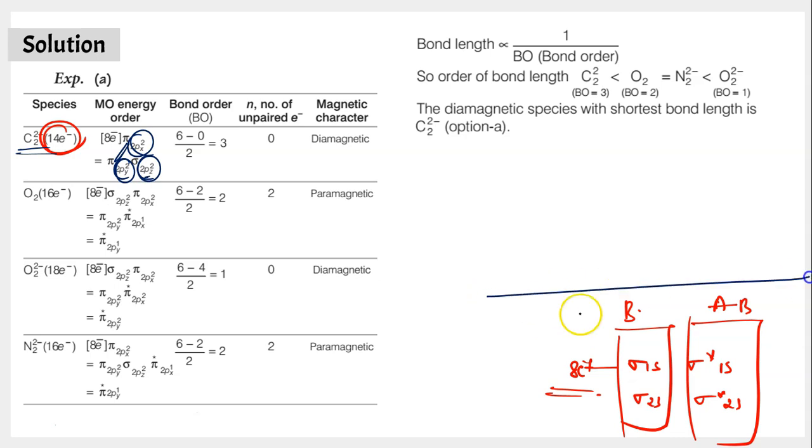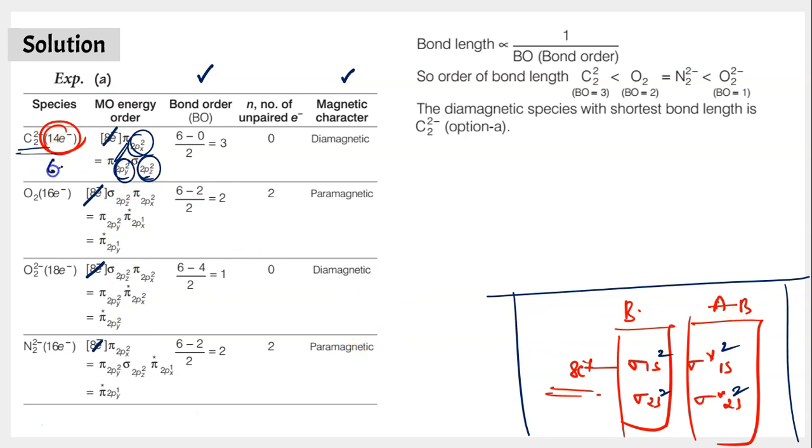So I'm ignoring these 8 electrons in 1s and 2s, because they are common in all the 4 species. Technically, you can take them into consideration when you calculate bond order or check magnetic behavior, but all of them are paired, and all of them are common amongst the 4 molecules that you have. So I'm ignoring the first 8 electrons and going ahead with the remaining.